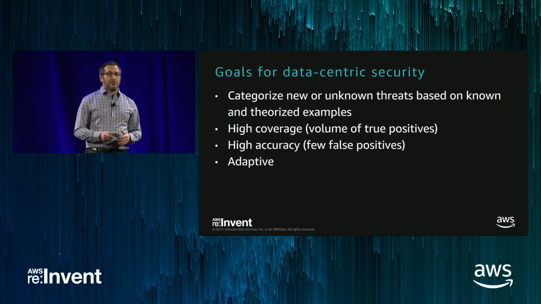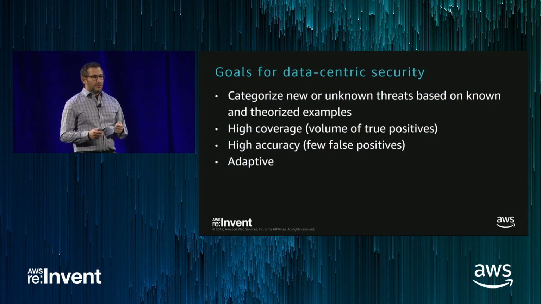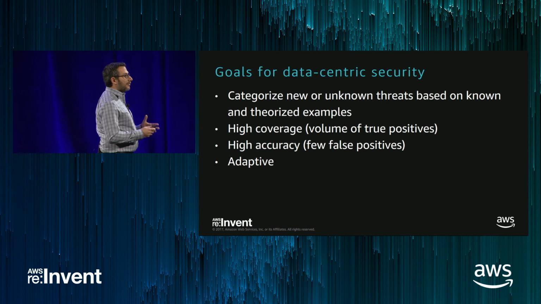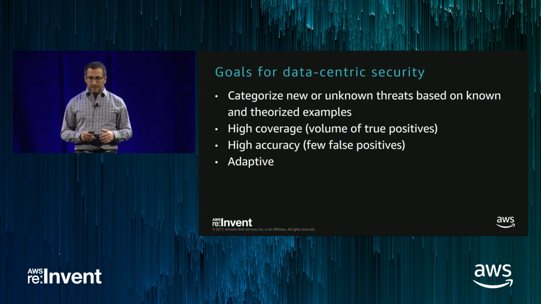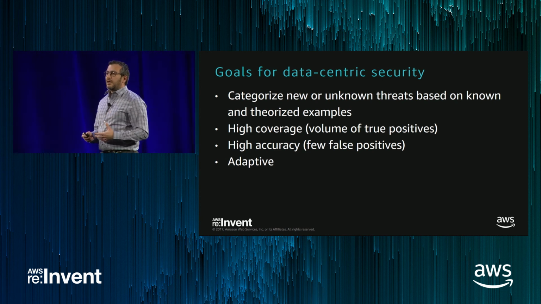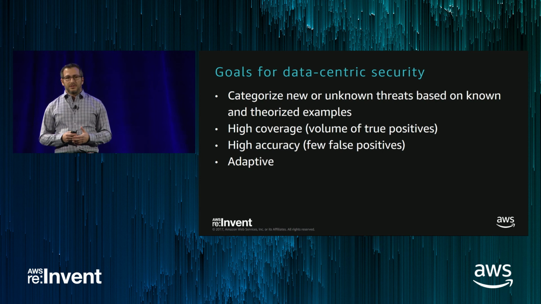The main goals that we have are high coverage, and we try our best to have high accuracy. We spend a lot of time to reduce false positives as much as we can. How do we do that? By trying to apply an adaptive mechanism to our system.